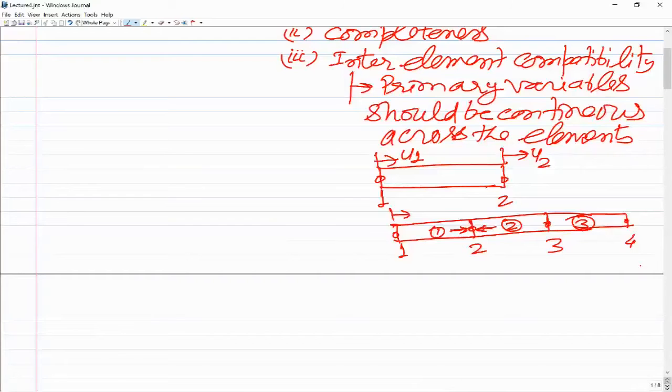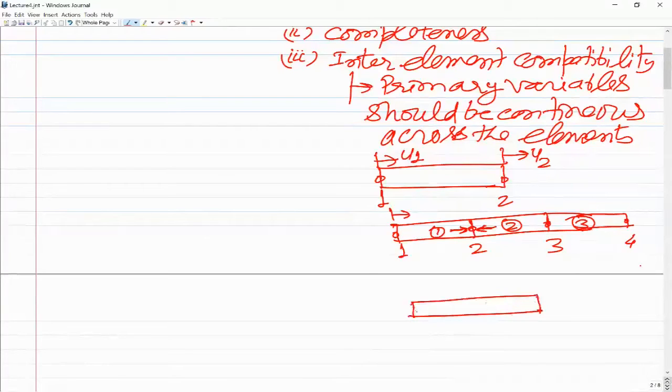Then another example, I had taken the fourth order differential equation, that is the differential equation based on Euler-Bernoulli beam theory. There the element level differential equation was d2 by dx square operating onto EI d2v by dx square minus q equal to 0. In that, the primary variables are v and dv by dx for Euler-Bernoulli beam.